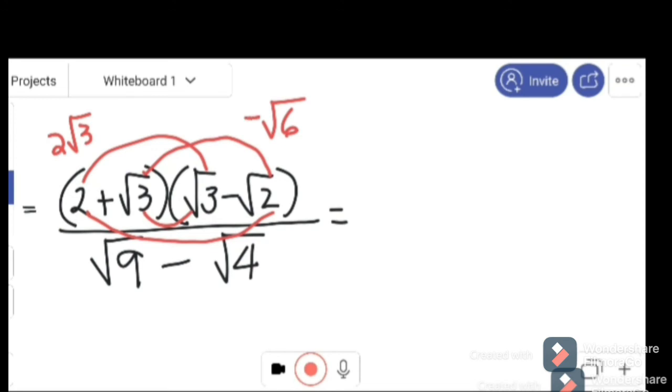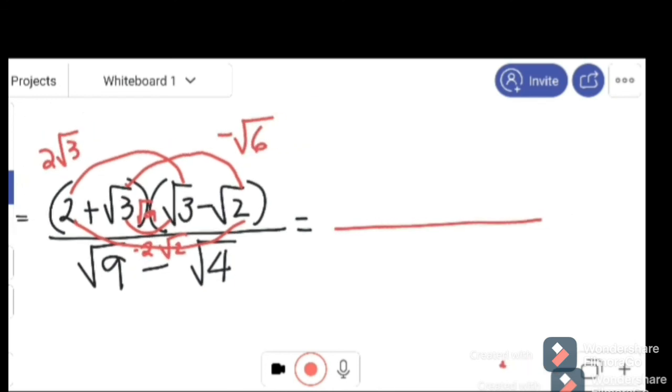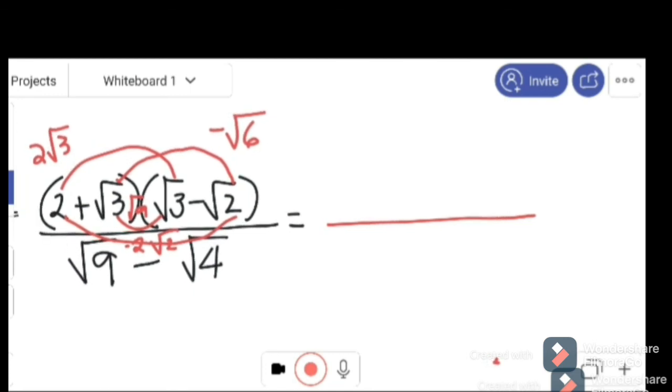And then the inner, the square root of 3 times the square root of 3, that would be the square root of 9. And the outer is 2 square root of 2, negative. And then we rewrite. This is important, that you remember how to multiply binomials.